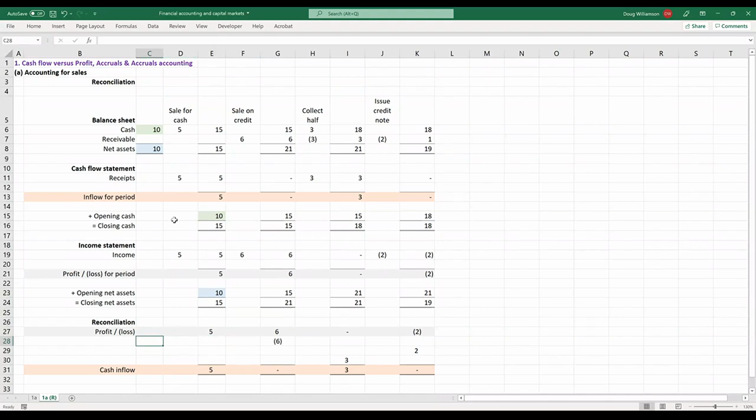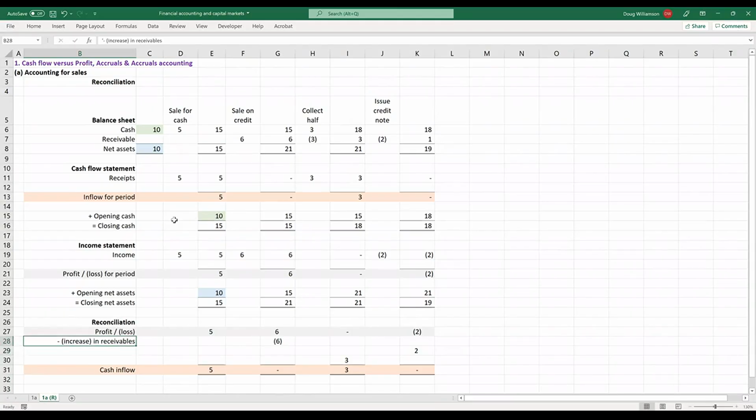And to generalize it, we can say minus, take away, and let's put it in brackets as well, take away increase in receivables.